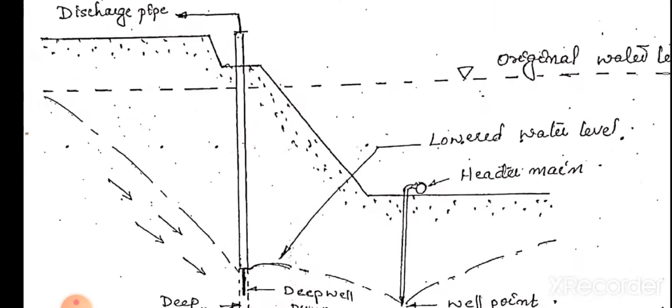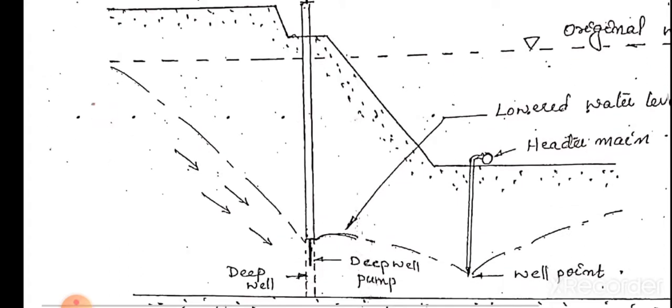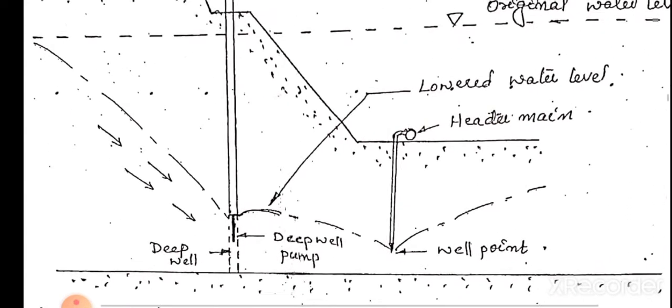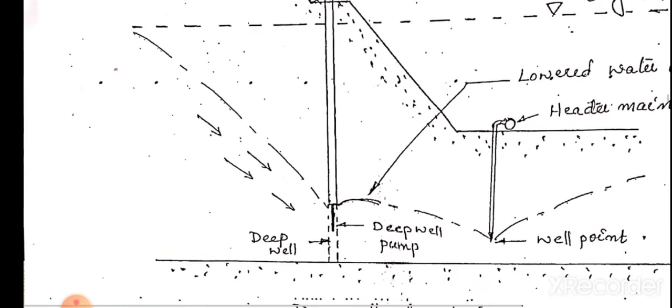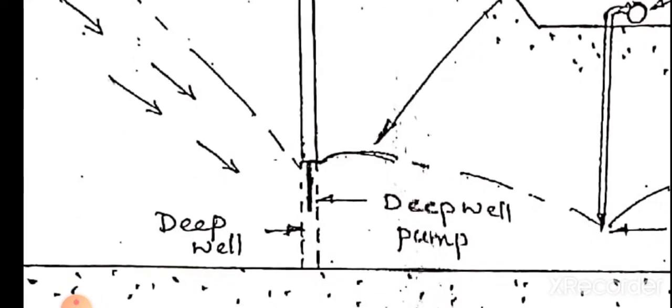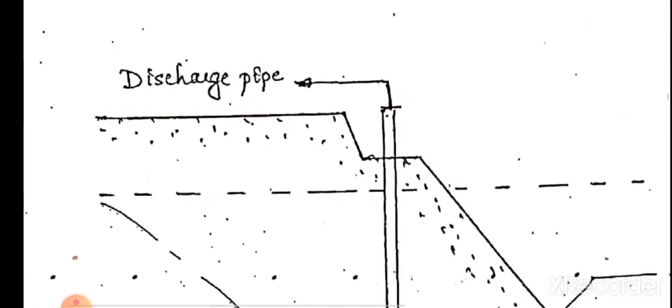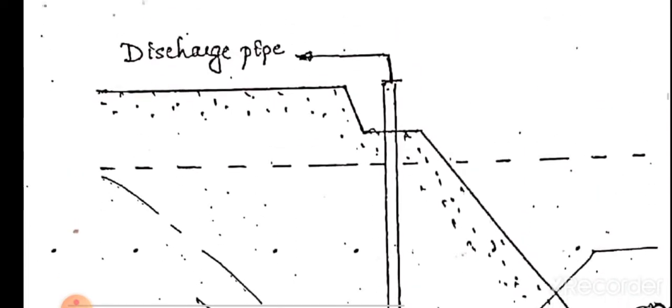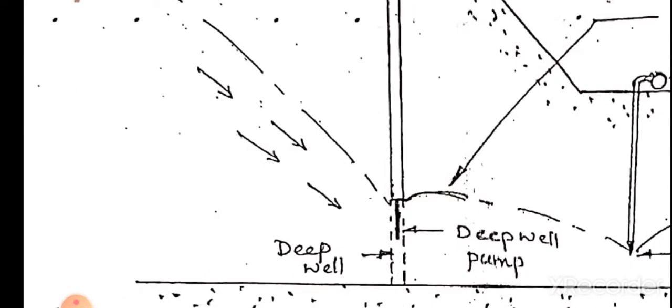So this is the deep well. Here it uses a submersible pump. Initially the water table is here, and after using this deep well pump, what happens?